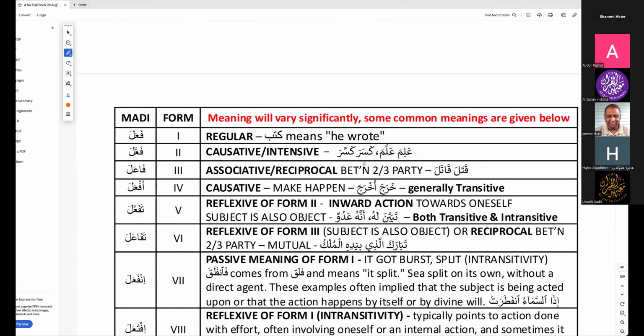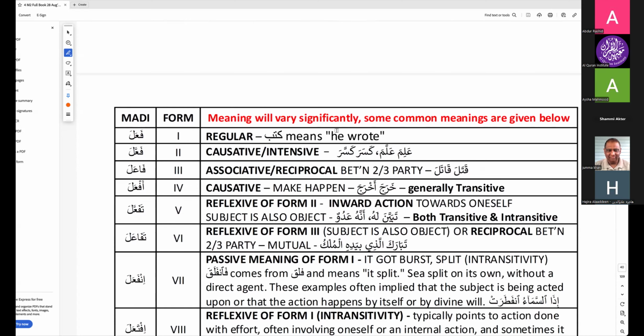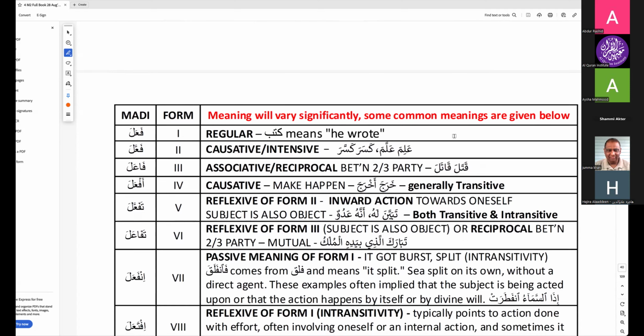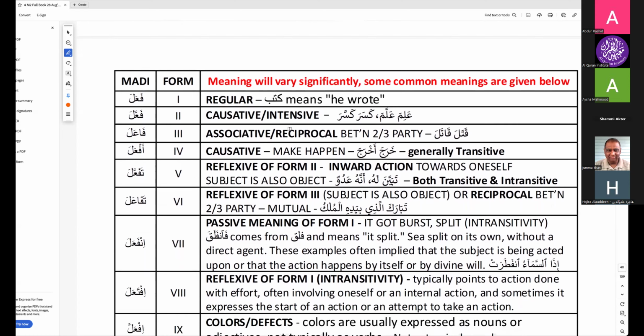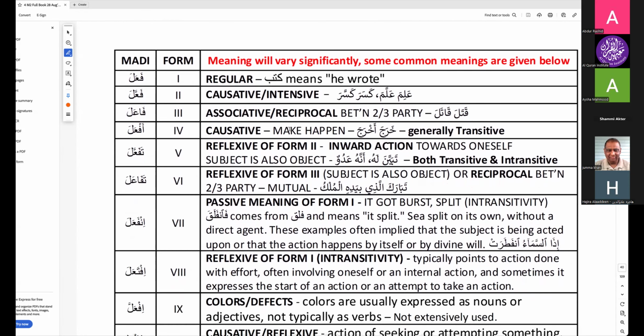Now let's just explore these verb forms. Meaning will vary significantly. Some common meanings are given below. For example, fa'ala, form 1, regular verb. Kataba means he wrote. Fa'ala, form 2, causative or intensive, meaning alima to allama, kasara to kassara.